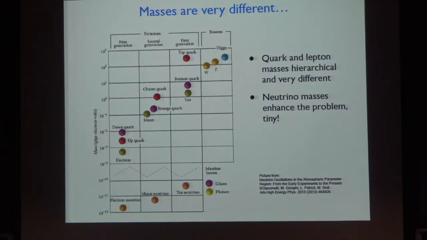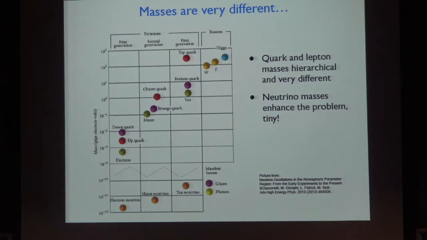I don't know if you noticed, but in our periodic table, the masses of, say, the up quark and the top quark are vastly different. I don't have to go back, you can see them in here. These are 10 to the minus 3 or 10 to the minus 2 giga electron volts, and this is of the order of 172 giga electron volts.